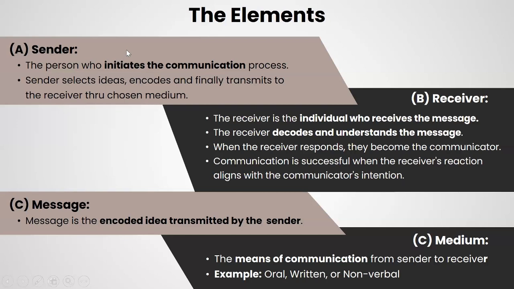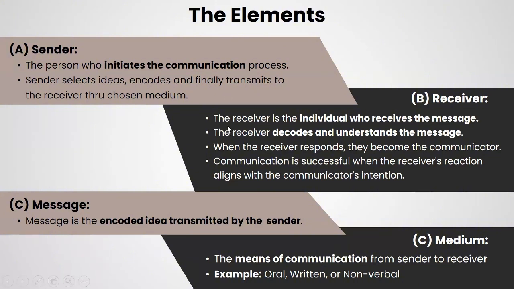So you will note that when the sender has sent a message and the receiver has also responded, for instance, you are chatting with your friend, it is not easy to say this one at this point is the sender, this one at this point is the receiver, but both of you are communicators. Or if there's a group of you, you are communicators because you are sharing messages.